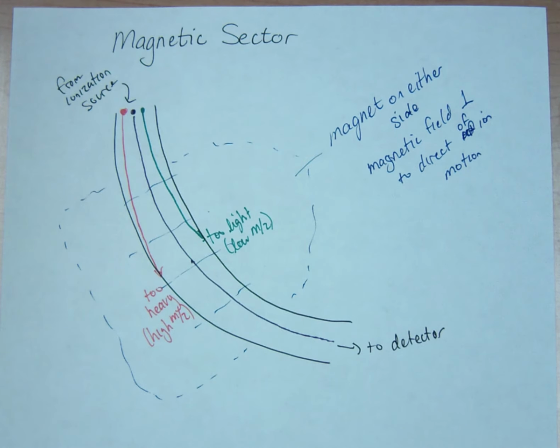Now, some of the advantages of this is that it can be really inexpensive. All you need is the scanning magnet, and you've got it, to build this magnetic sector. So it's very inexpensive. And this is actually good for elemental analysis, where you might not need to separate out with really high resolution.